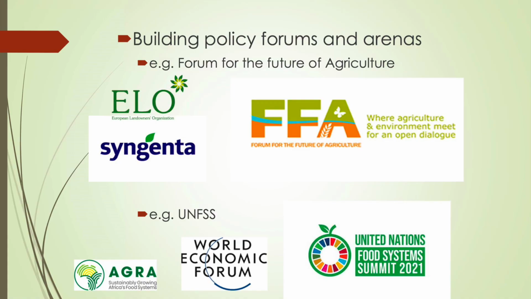Another type of strategy is building themselves forums for policies. The typical example is the FFA, the Forum for the Future of Agriculture, on which Syngenta and the landowner organization invite annually all ministers, commissioners at the EU level, and they really organize discussion on the future of the CAP, on the future of international trade agreements, on the future of Europe's agro-food system, and they finance everything, and they set the agenda.